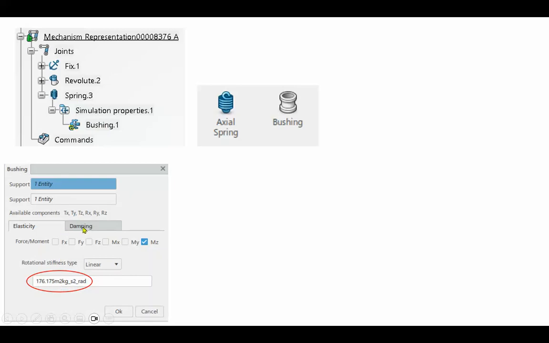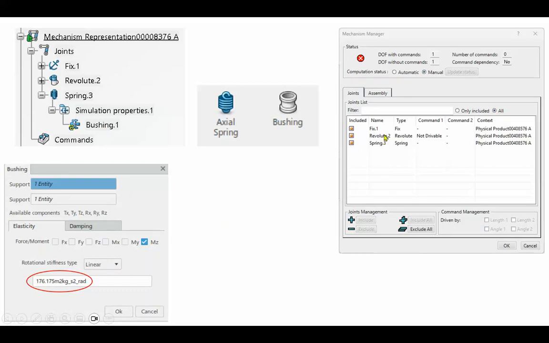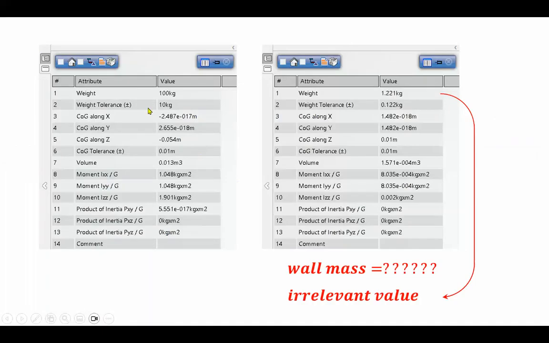If you want damping, you click on that tab and put in the appropriate damping value. Make sure that both revolute and spring are included. Notice that when we apply material properties, the wall doesn't matter. It can be any dummy thing, but you do need initial properties for it.